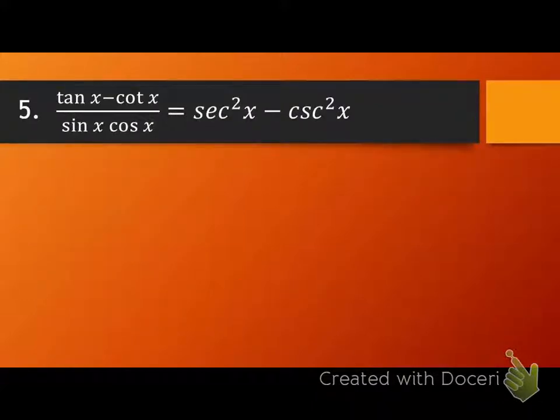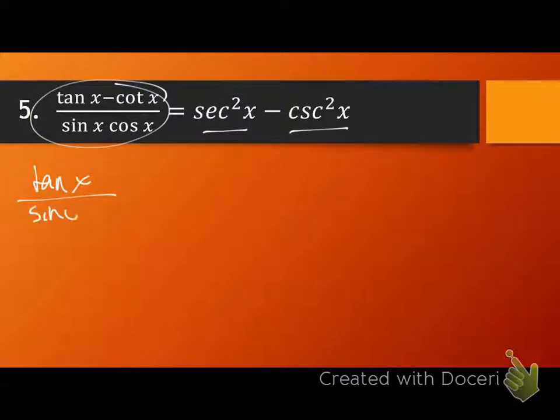All right, last one. Can I pick up a strategy from this last one? I'm going to work on the left side again. Fraction and subtraction. Always more complicated. But from a couple problems ago, I realized that I can actually separate this into two fractions, which is helpful because I got two terms over here. So I can go tangent of x over sine x cosine x minus cotangent of x over sine x cosine of x.